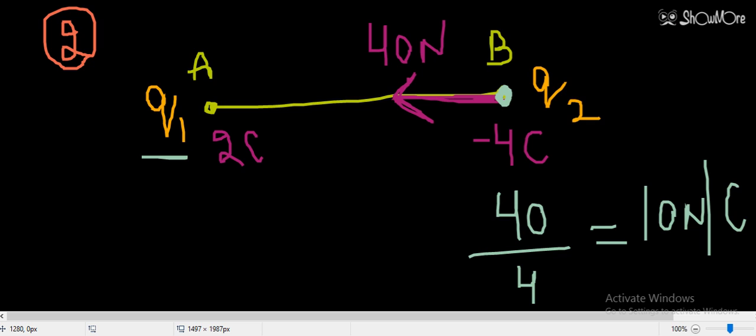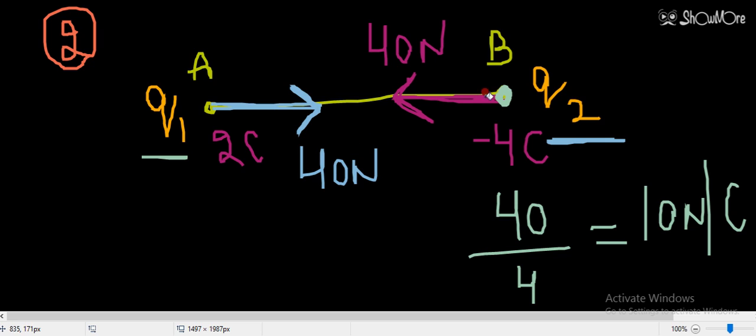Now see the next concept. He is also asking in the question, find the electric field due to charge Q2 at point A. Now see, if this Q1 charge is attracting this Q2 charge, then obviously Q2 will also attract the charge Q1 with the same force, 40 Newton. I hope it is clear.